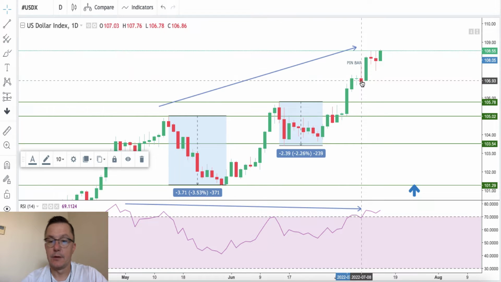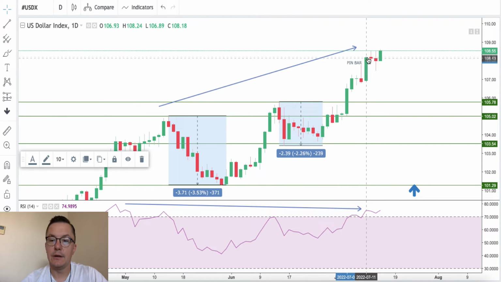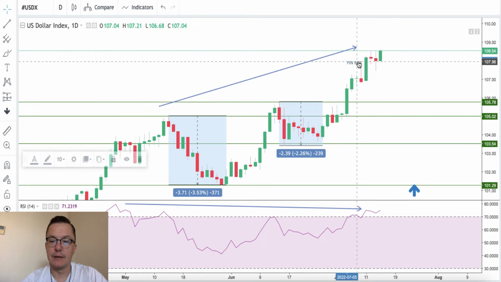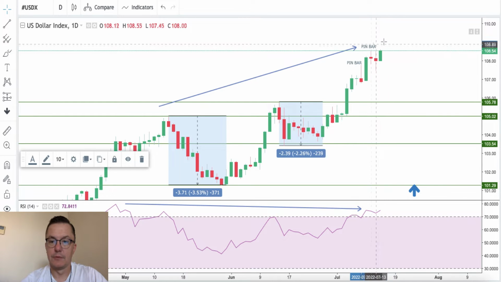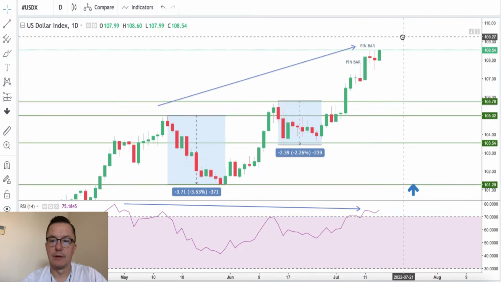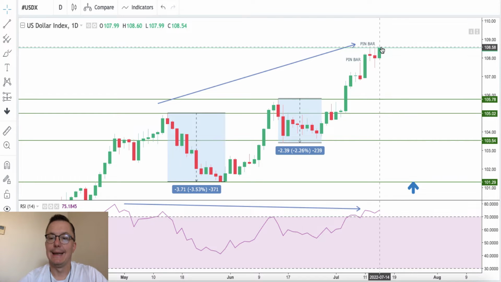the red one, looked like a shooting star, unconfirmed, invalidated, right? We got this big green bar here into the extremely overbought market conditions. Then we got another pin bar, so we can even put one more label here, pin bar again, and now the market is testing the level of 108.54, another swing high.